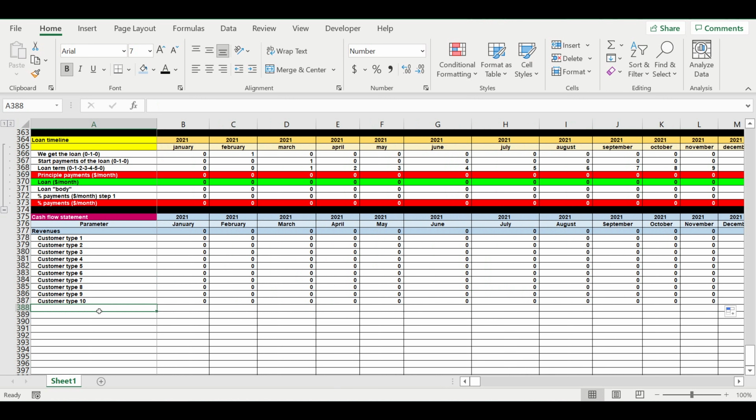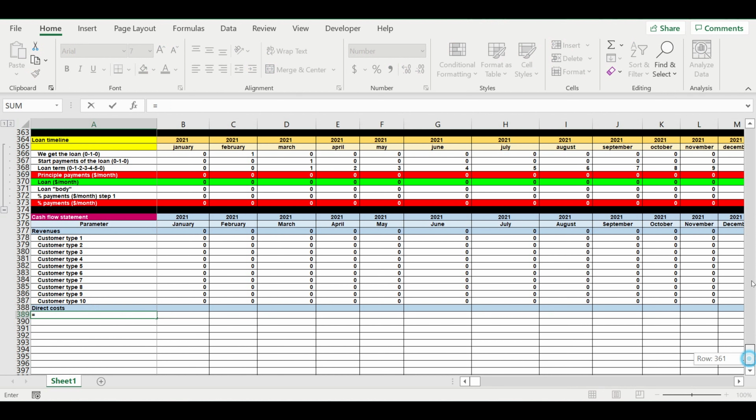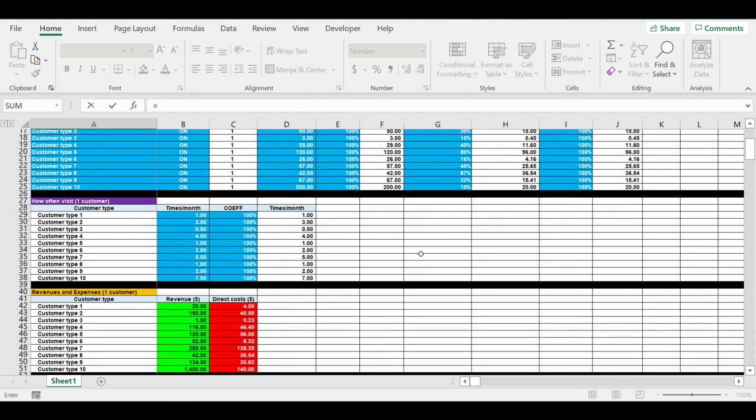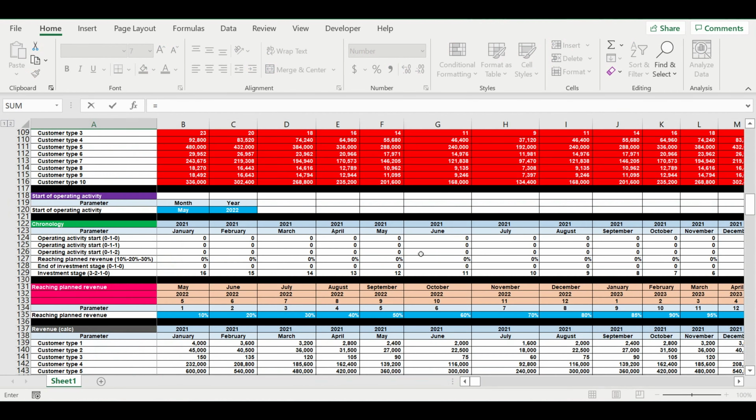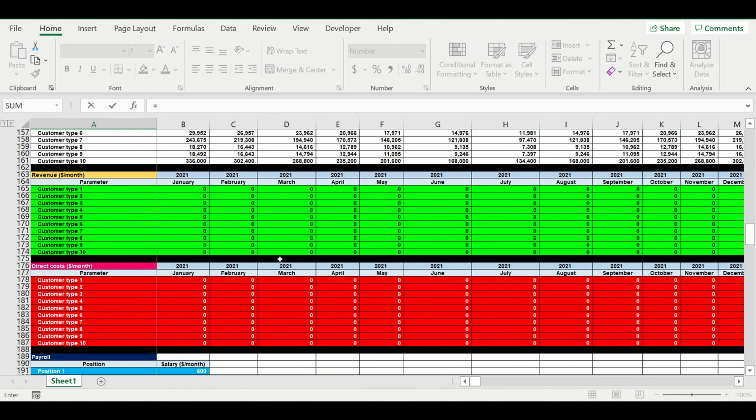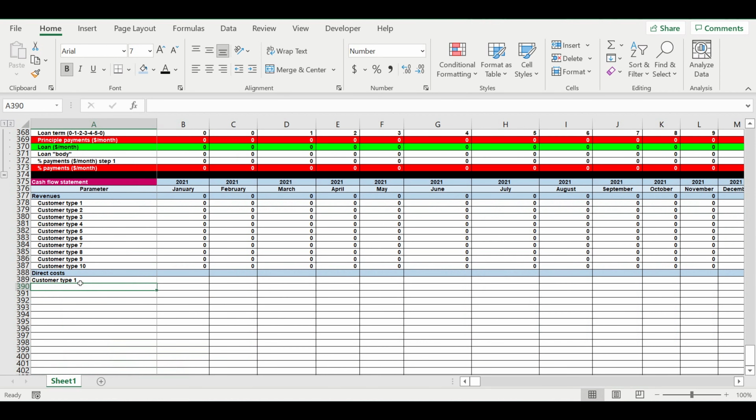Then we have direct costs. We go to the top of our model and search for direct costs. As you can see, it is an automatic form. We don't put values manually inside this table, because when you start doing something manually, you start making mistakes.